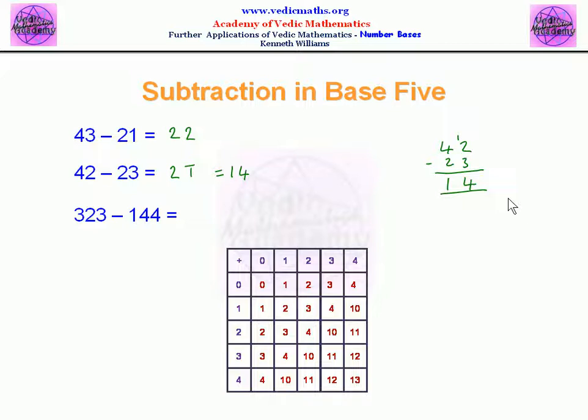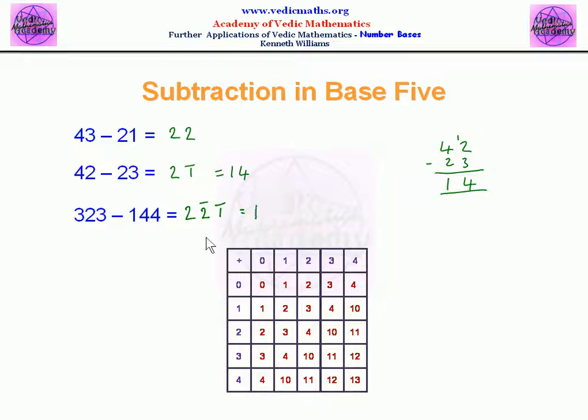Now in this 3-figure subtraction, we can do it the bar number method. 3 take away 1 is 2. 2 take away 4 is bar 2. And 3 take away 4 is bar 1. So we've just got to clear those bar digits. And this is like taking 21 from 200.